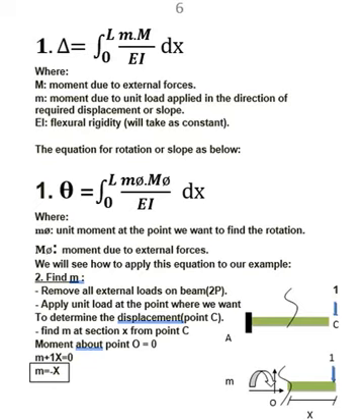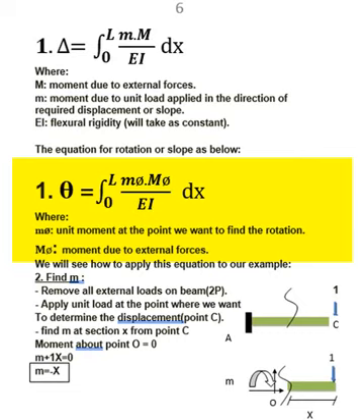E is the modulus of elasticity and I is the moment of inertia of the beam.